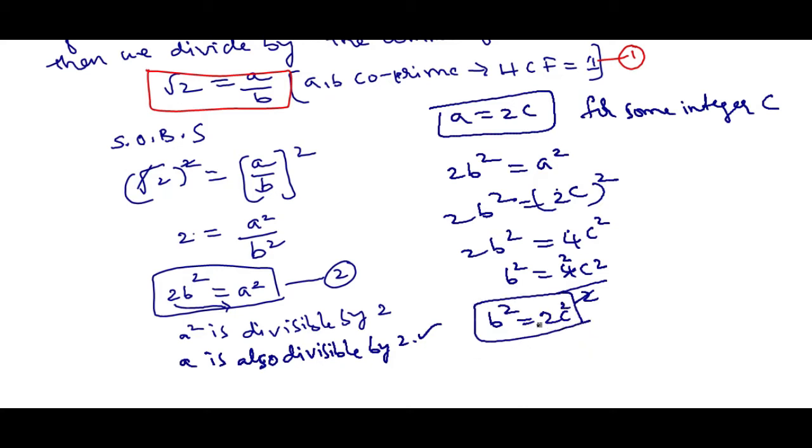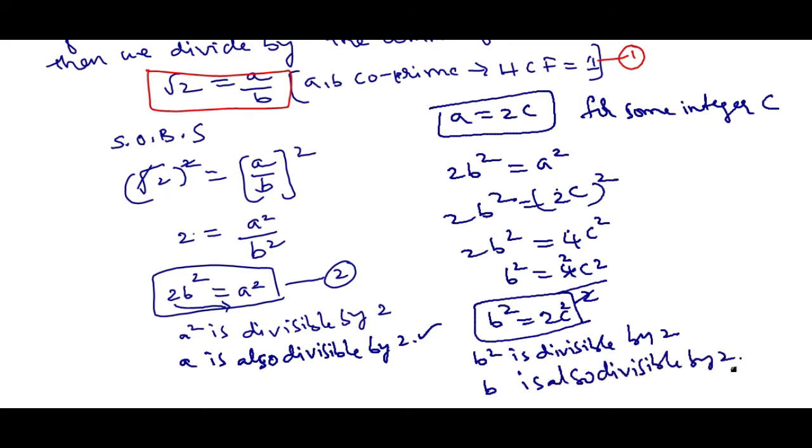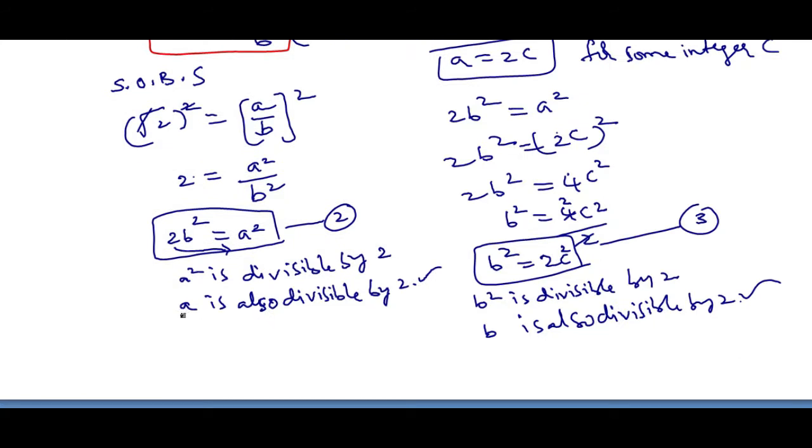Here if you are transposing this 2 to the right side, what is the meaning? b square is divisible by 2. Then b is also divisible by 2. Now look here: a is divisible by 2 and b is also divisible by 2.